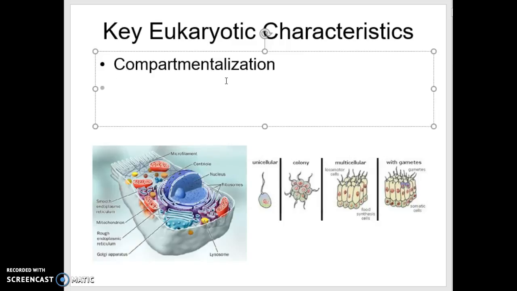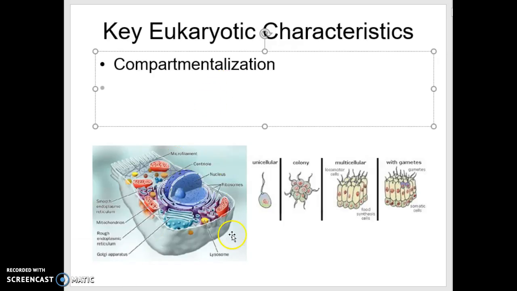We have all these little pieces and parts and components inside of our cell. We call them cell organelles. Mitochondria, Golgi, endoplasmic reticulum, lysosomes, etc., etc., etc. Those are a big feature of eukaryotic cells that make us a little bit different than the prokaryotic cells.